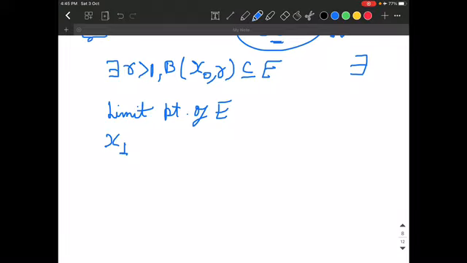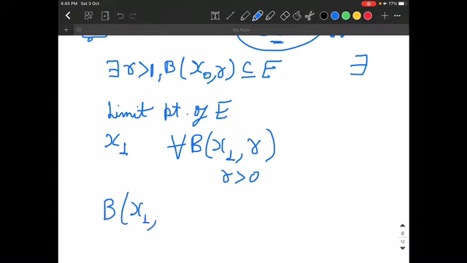x1 is a limit point of E if for all open balls B(x1, r) for r greater than 0, every open ball around x1 intersects E at some point other than x1.